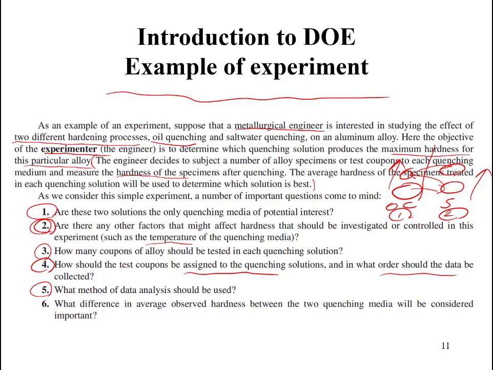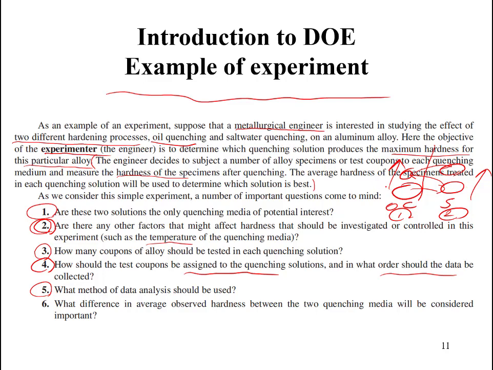For example, we do the quenching, the hardening process, by these two methods. Finally, we will have hardnesses for all of the specimens or samples which we have. How can we compare them? How can we say this one is better than this one?